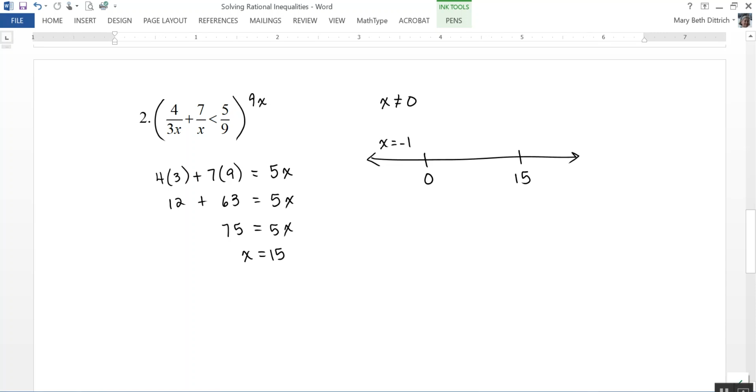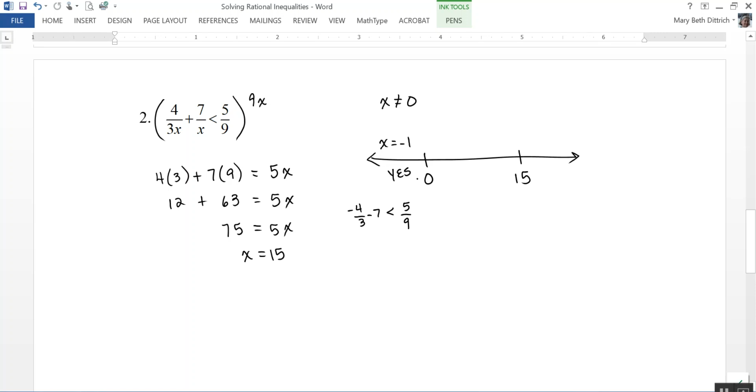So plugging in -1 gives me -4/3 minus 7, is that less than 5/9? Well, I don't even have to go any further because I know this is going to give me a negative number, and every negative number is less than 5/9, so that interval is going to be a yes.